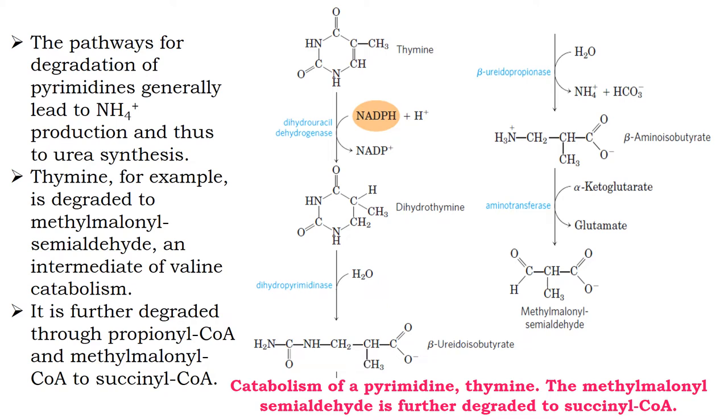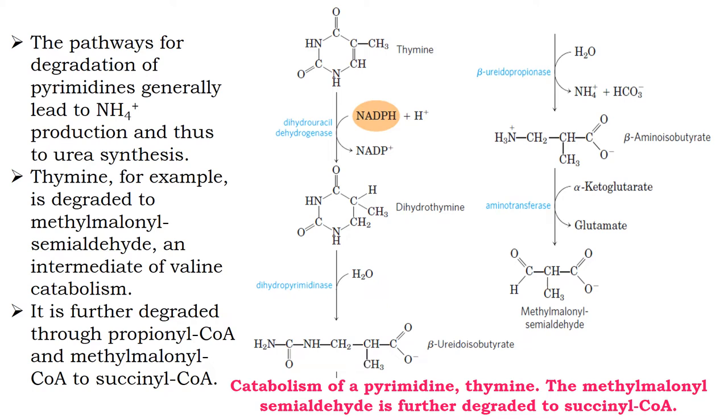Next, moving further, these pathways for the degradation of pyrimidines generally lead to ammonium ion production and thus urea synthesis. We know from ammonia we can synthesize urea by the urea cycle. Now thymine, for example, is degraded to methylmalonyl semialdehyde, which is an intermediate of valine catabolism.